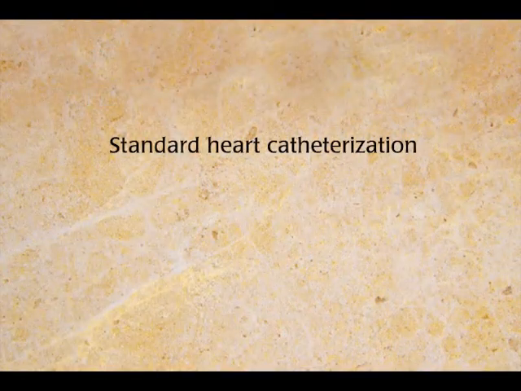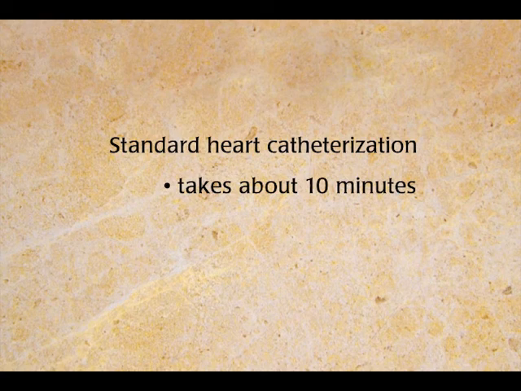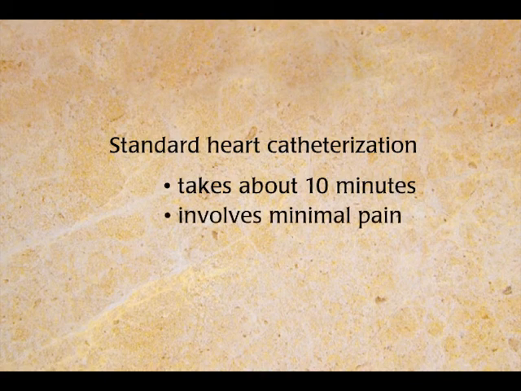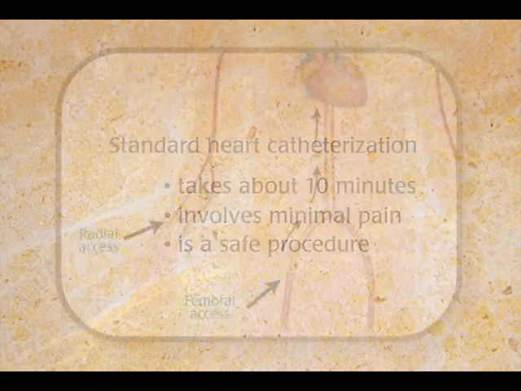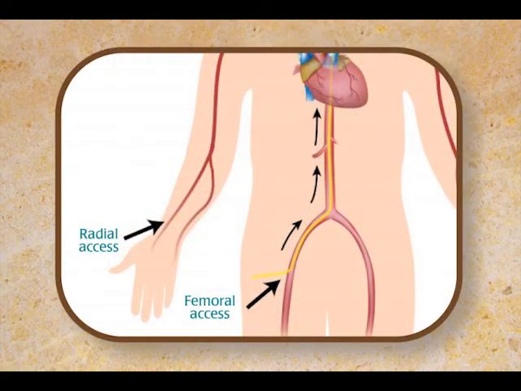To do a standard heart catheterization generally takes me less than 10 minutes from the beginning to the end. So it doesn't take very long, doesn't hurt very much, and it's very safe. The procedure itself is done with a good dose of local anesthetic above the access point, whether that's in the femoral artery or in the wrist, to kind of numb that area, much in the same way as if you were having dental work done.